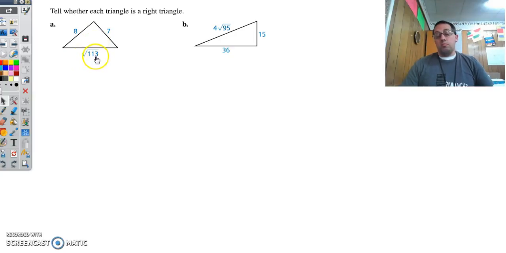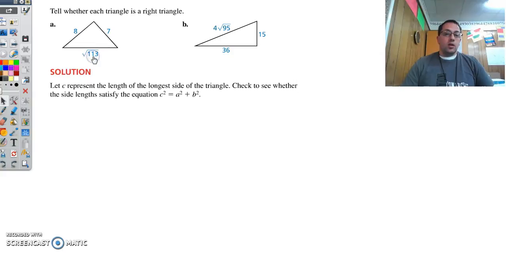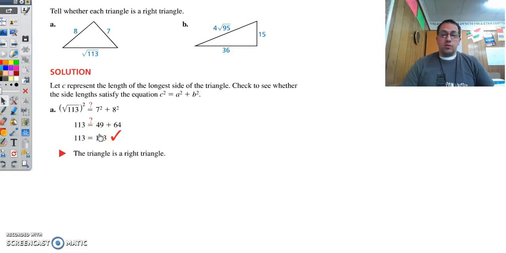It's going to be more than 10, so it's got to be the long side, and that goes into our C. We plug this in: c squared equals a squared plus b squared. The square root of 113 squared is just 113, and we have 49 and 64. Add them up, 49 plus 64 equals 113, and 113 does equal 113. So this is a right triangle.